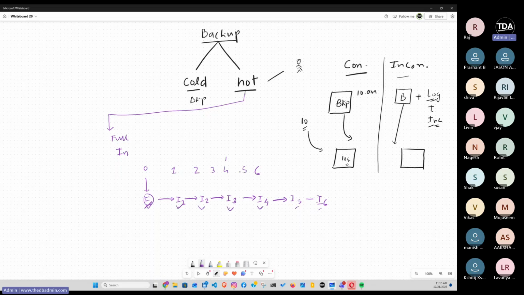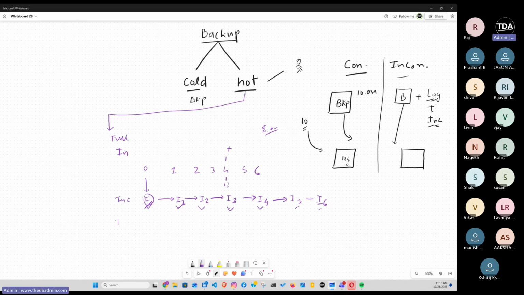And on top of that, in case the 4th backup was taken at 12 a.m. night, and I want to recover at 8 a.m. in the morning, I need further logs also to apply and make my database consistent. All those things we have to do. So this is incremental backup.